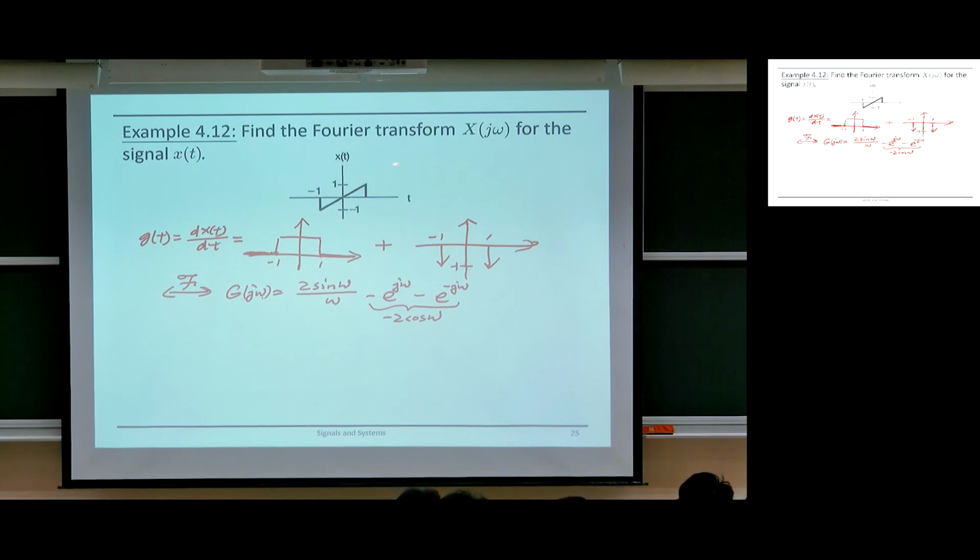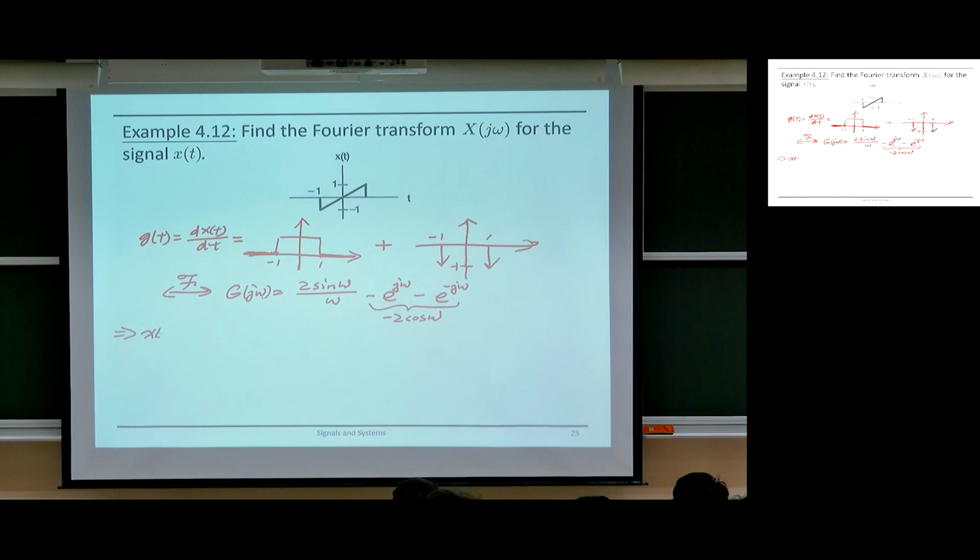But if we look at the derivative of x of t, which gives you a function g of t, then we can see that g of t is composed of two parts that are quite familiar to us, and we know directly from previous derivations what their Fourier transforms are. Then, given g of t, you can go back and find the transform for x of t by this integration property.